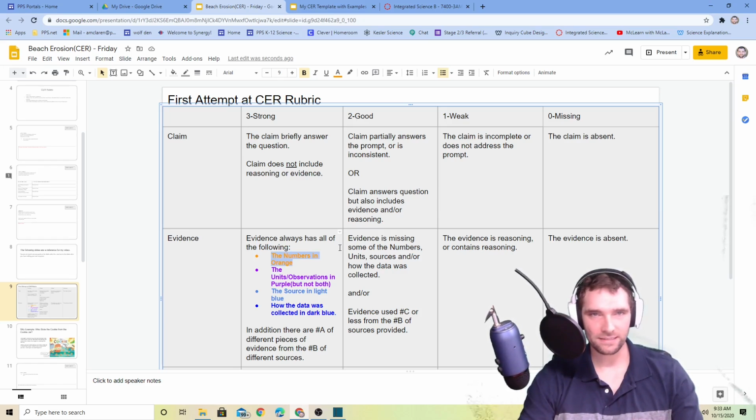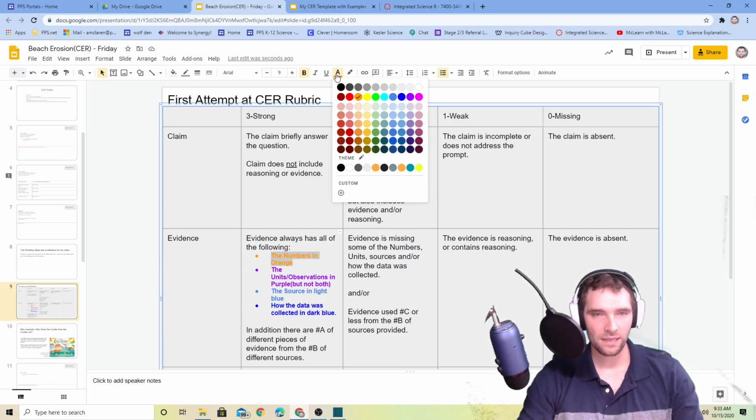So you've highlighted the text that you want. You go up to the top here, go to text color, and the colors that I'm using are this orange for the numbers, this purple right here for observations or units depending on the question, this cornflower blue for the source, and just regular blue is how the data was collected. So those are the colors that we're using.